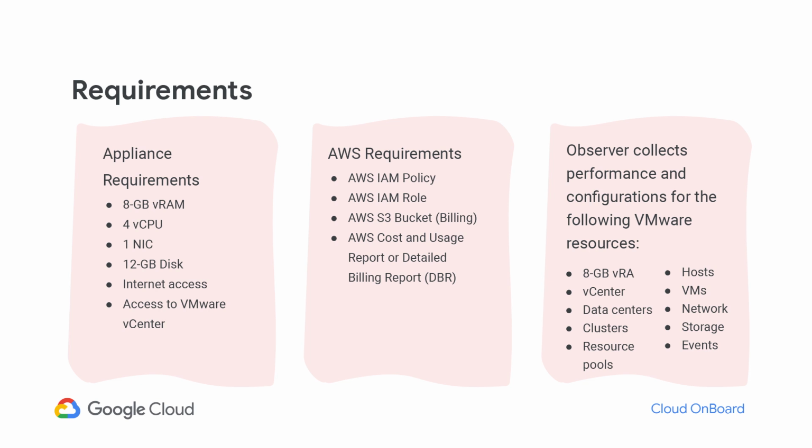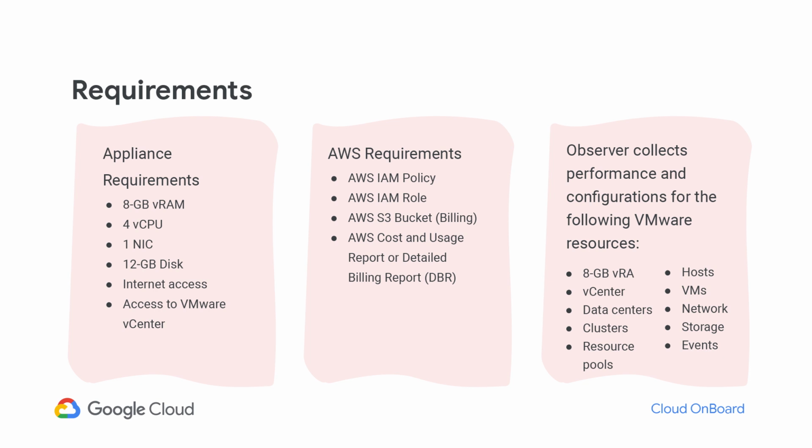Now, remember, if you are planning a migration from an on-premise VMware environment, you need to install this virtual appliance. The Cloud Physics Observer is a minimum resource appliance which is designed to collect the data from your VMware vCenter, and it uses the read-only APIs.